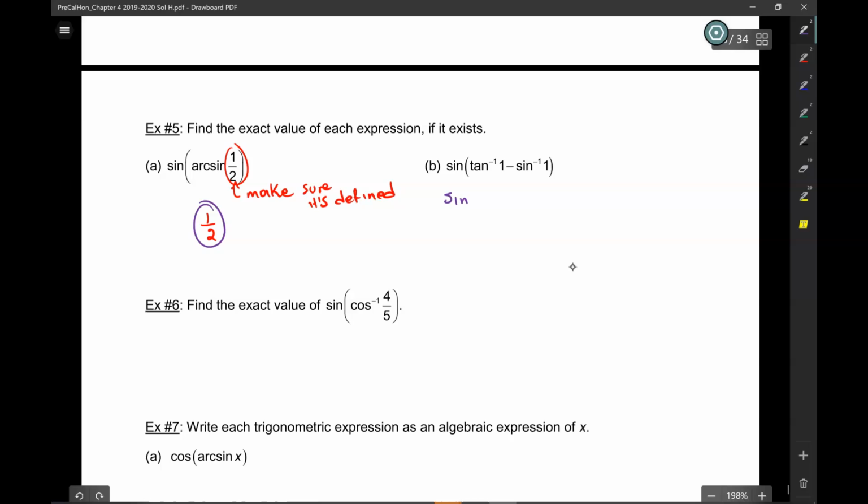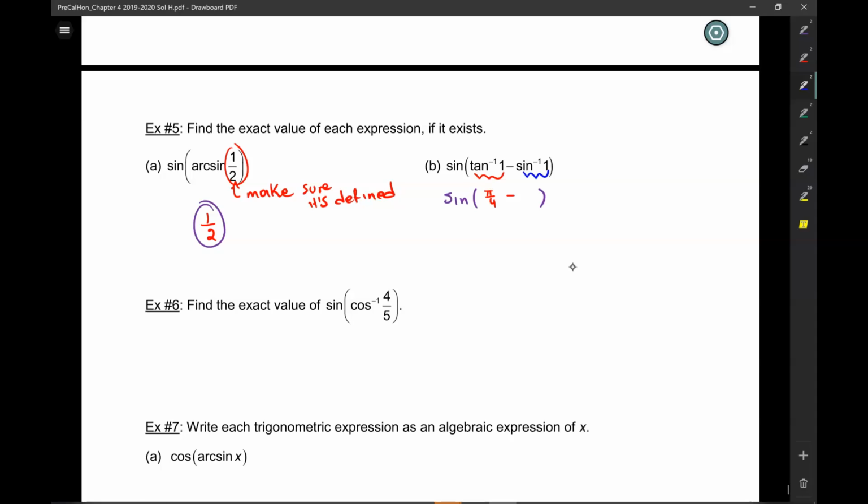Parentheses first. So this is sine of some stuff, right? So look at what's the stuff. Inverse tangent of 1. What is the angle for which tangent is 1? Pi over 4. Minus inverse sine of 1. What is the angle for which sine is 1?